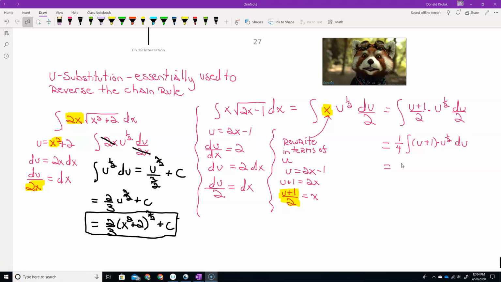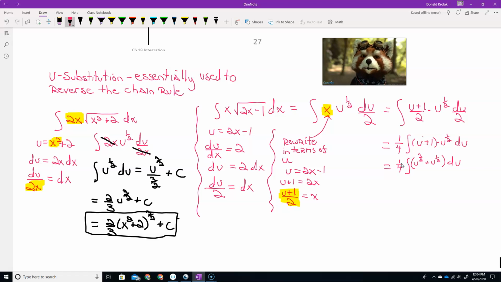Next step is I'm going to distribute through the u to the 1/2 power. When I'm multiplying here, I'm going to add these exponents, so 1 plus 1/2 is 3/2, plus u to the 1/2 times 1 du.